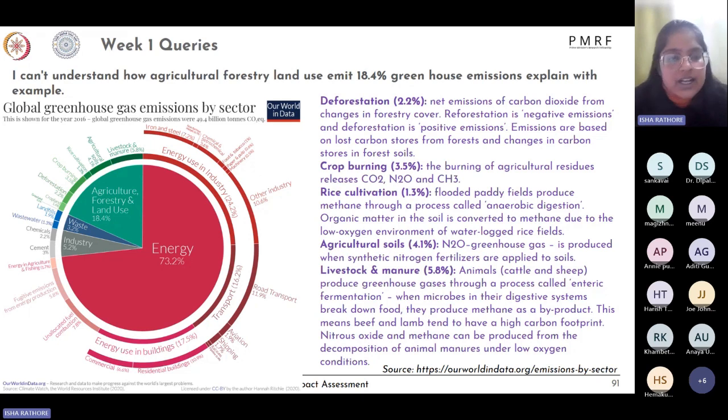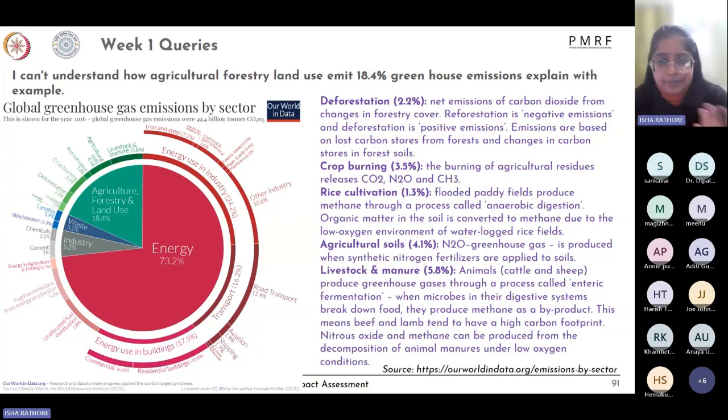Okay, then we have agricultural soils. Nitrous oxide, which is a greenhouse gas, is produced because of the synthetic fertilizers which we use in the soils for more food production. So that is agricultural soils, the use of fertilizer. Then livestock and manure contribute 5.8%.